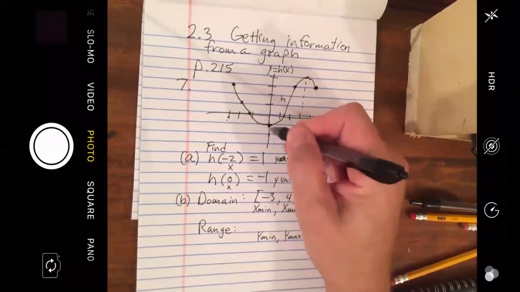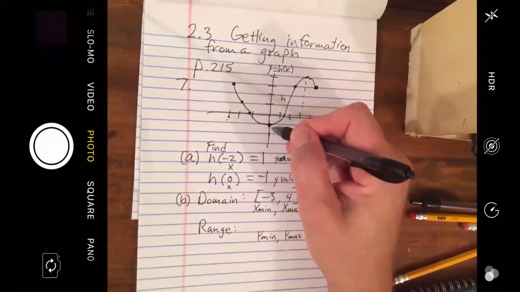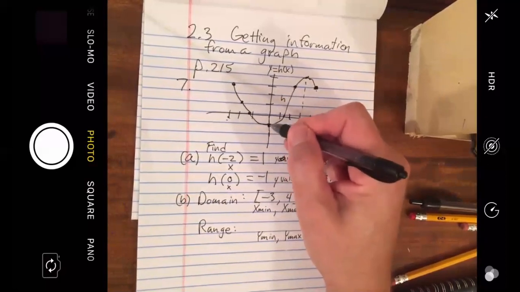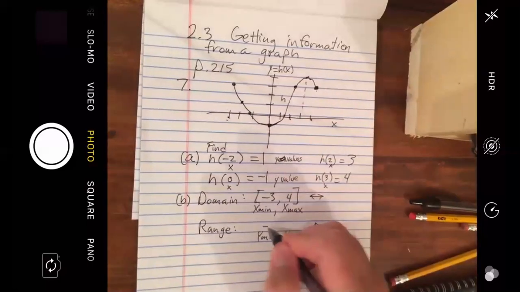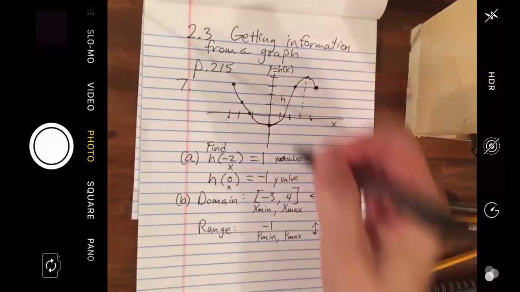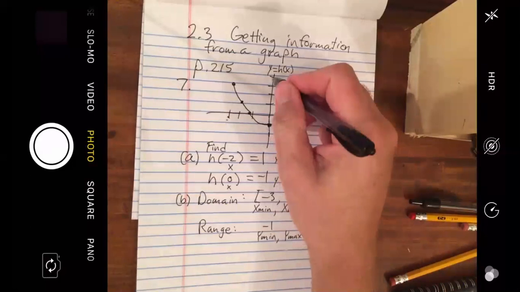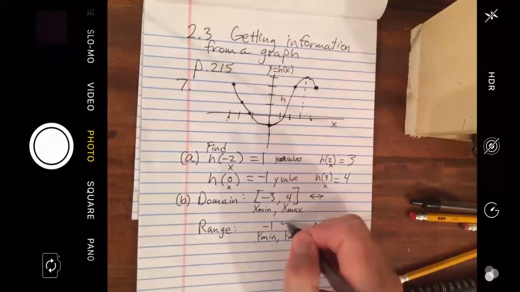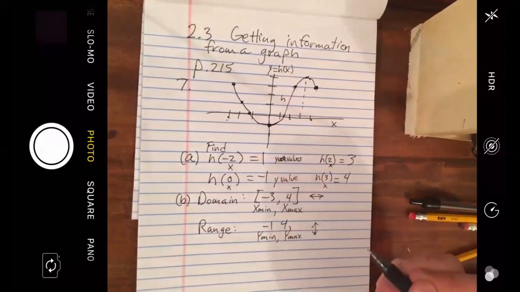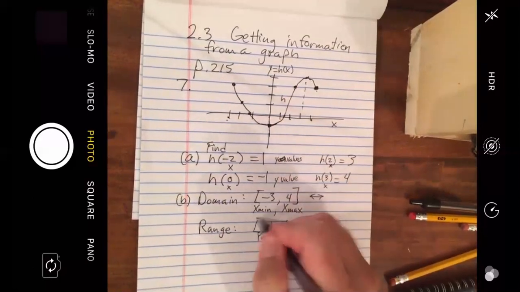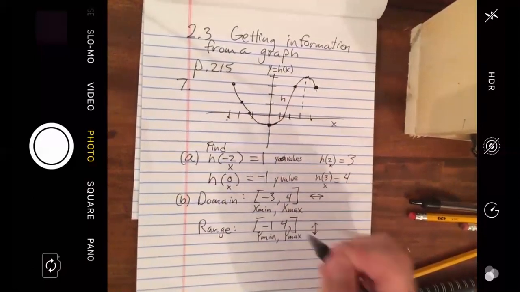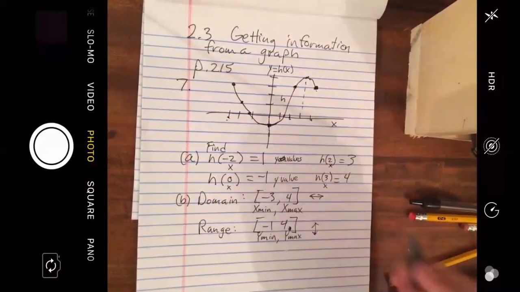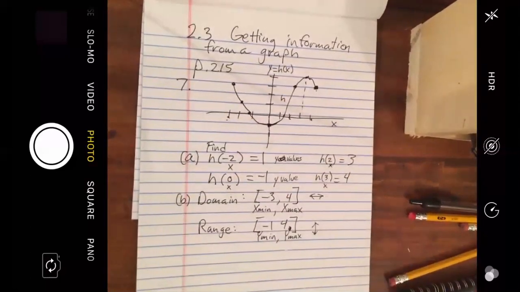I just did it for drawing purposes, but there's no open circle. If they didn't want that used, they would have stuck an open circle, and there's none in the book. So it kind of goes through. So that puts the lowest value at -1. And every y is covered all the way up to this peak, 4. And again, because there are no open circles, you would have brackets.